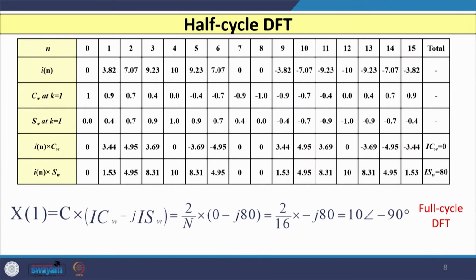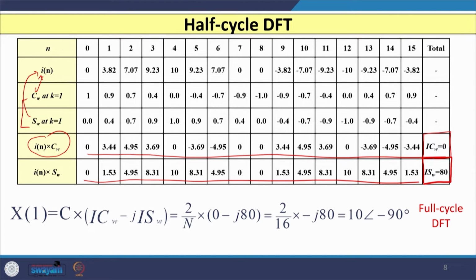Now, let us see how we calculate the other terms. Once we have calculated Cw and Sw, we multiply Cw with In, and Sw with In, so that we get In into Cw and In into Sw, as given here. After adding all the In into Cw terms, we have the value ICW, which is 0, and after adding all the In into Sw terms, we have ISW, which is 80.